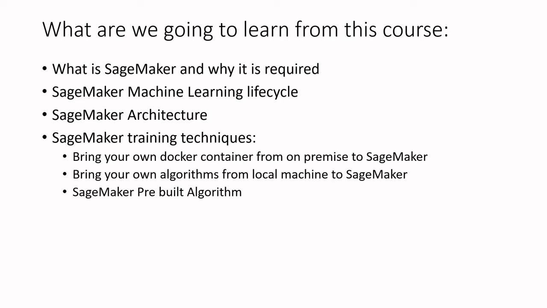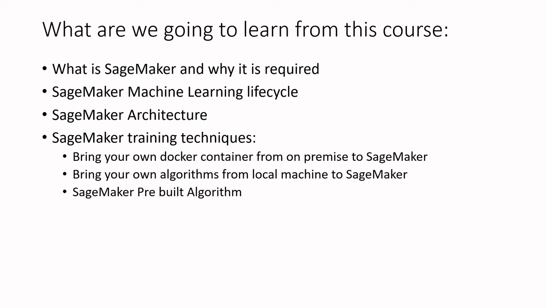Another technique would be how to bring your own algorithm from a local machine to SageMaker. In the previous step, we brought our Docker container. Right now, in this one, we are executing our algorithm on the local server.